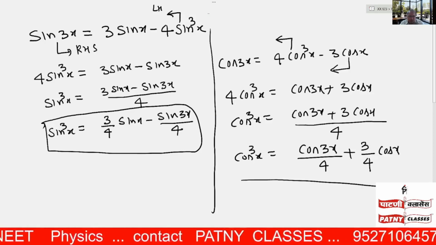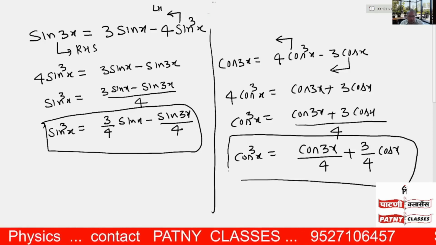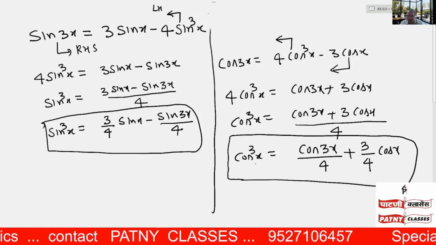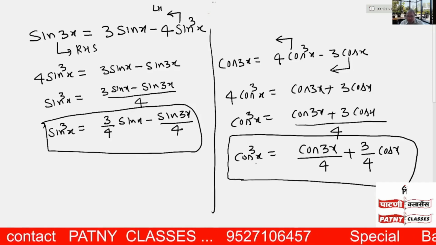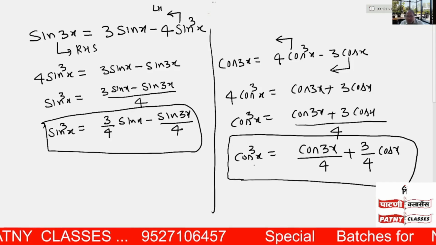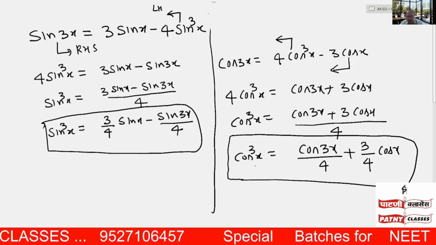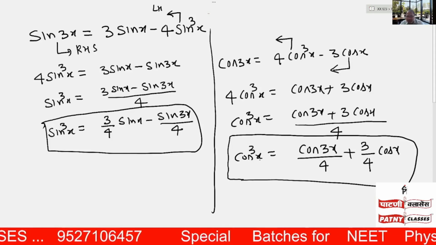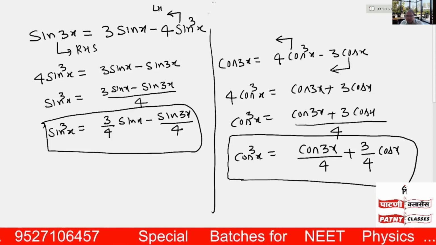So while doing integration for cos cube x, we can use this identity. There is one more method where directly we can do integration of sin cube x and cos cube x, but I find this relationship easier for beginners.